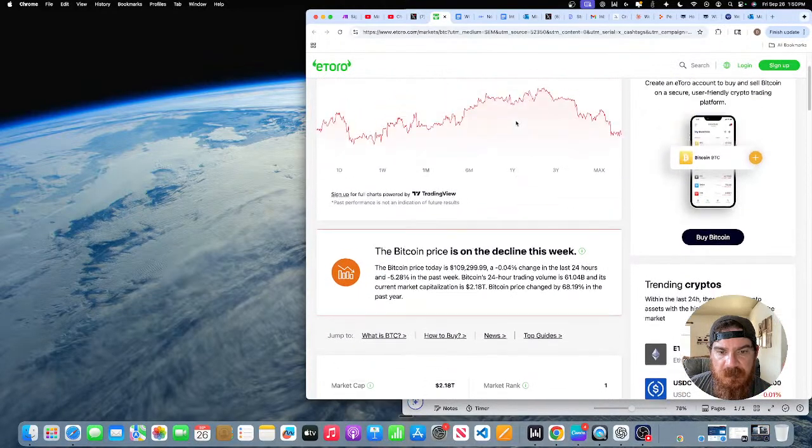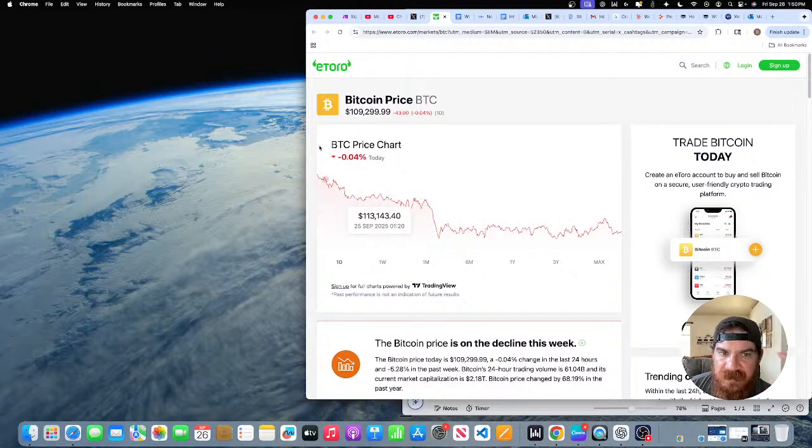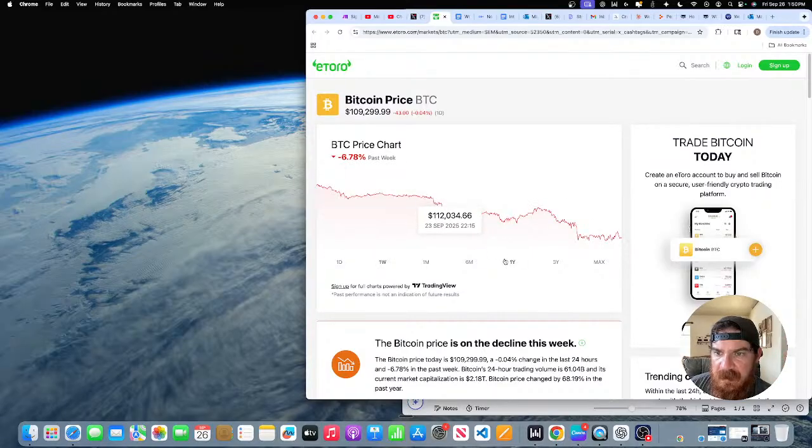All right. Let's go month. So when I'm looking at Bitcoin, I don't even care about this. The day, week, don't care. Month, don't care. I always go to 1 to 3.